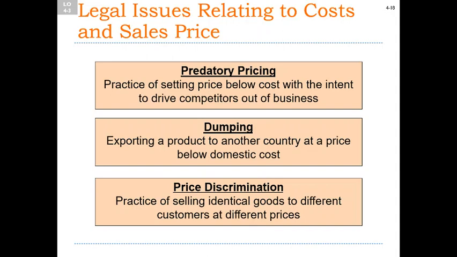Dumping: exporting a product to another country at a price below domestic cost. Now notice it says domestic cost, not the cost of the company in the other country. Now, notoriously good at this are our friends in China.